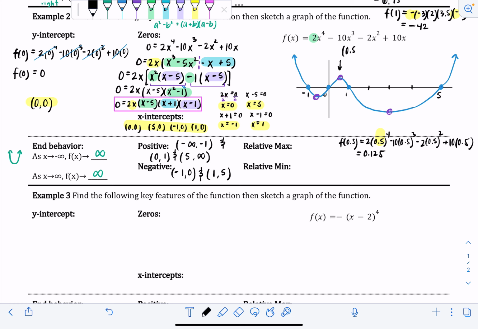And then if I do 0.5 to the third, it's 0.125, and then if I multiply that by the negative 10, it's negative 1.25.